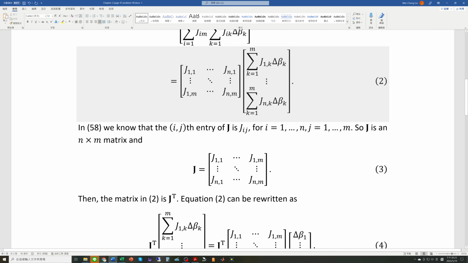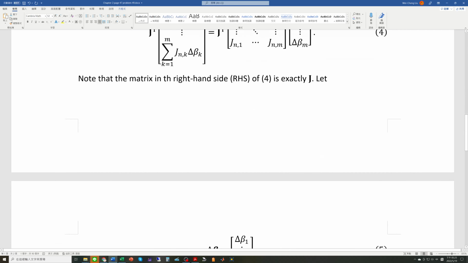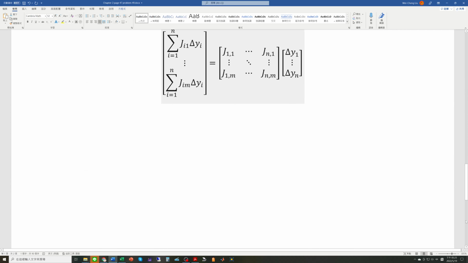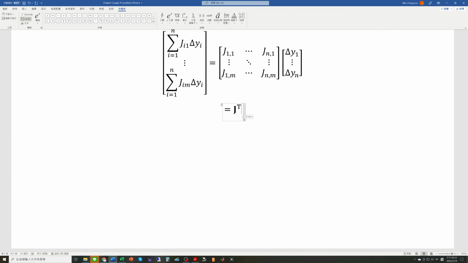So this matrix is J transpose, J transpose, and times this vector. Let us call this vector delta y. Delta y.